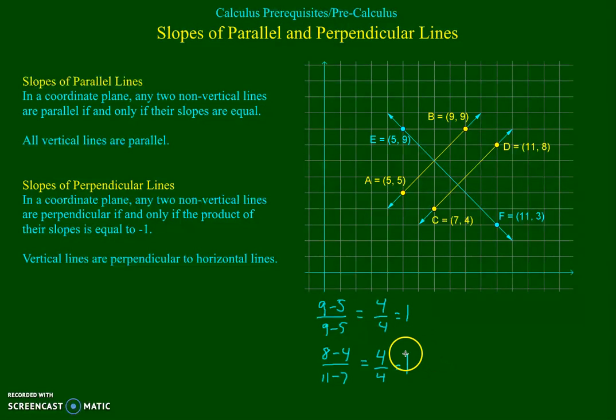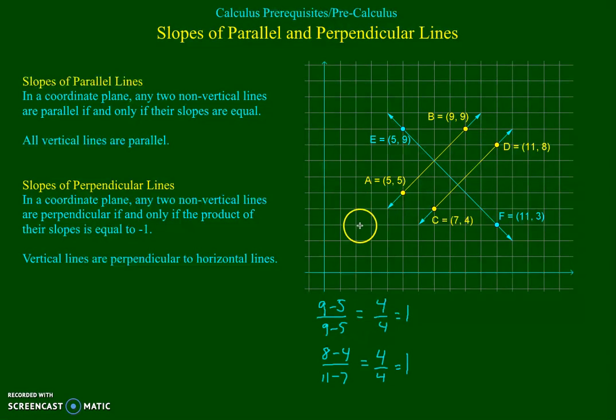So the slopes of parallel lines are equal. That's a fundamental theorem. And all vertical lines are parallel. Then we're going to look at slopes of perpendicular lines. In order for this line to be perpendicular to this, the product of the slopes has to be equal to -1. So we're going to look for the slope of this line.